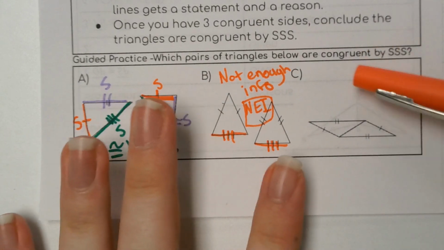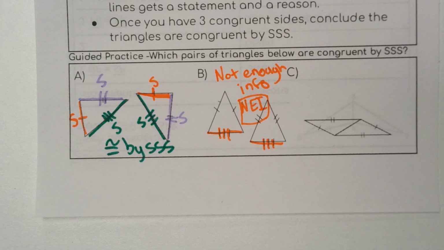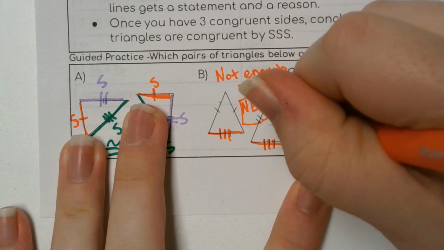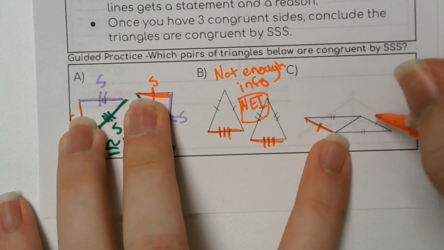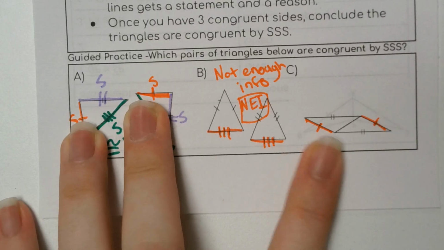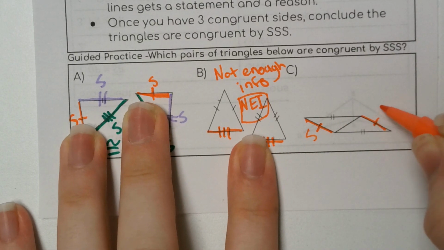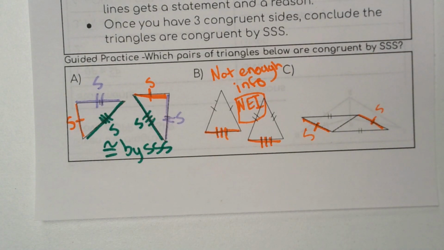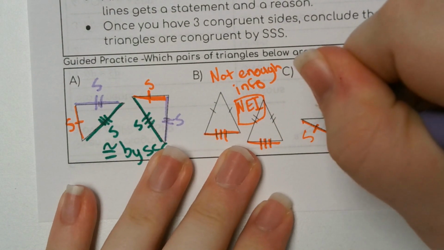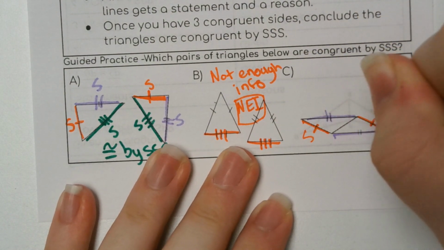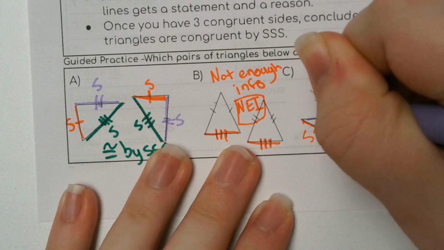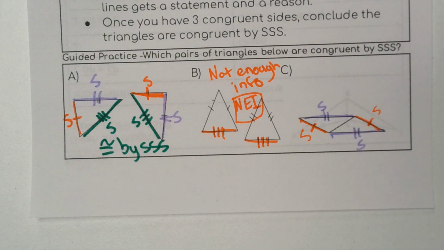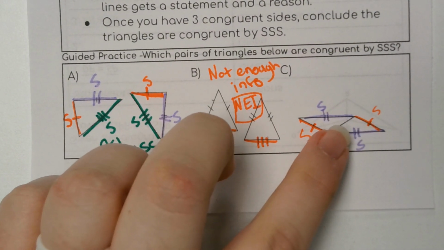All right, on this one, we have this side has 1 tick mark, and then this side of the other triangle has 1 tick mark. So that's one pair. Is there another pair? Yeah, the ones with 2 tick marks, right? So we label those 2 with S's. Okay, and then in the middle, they share a side.